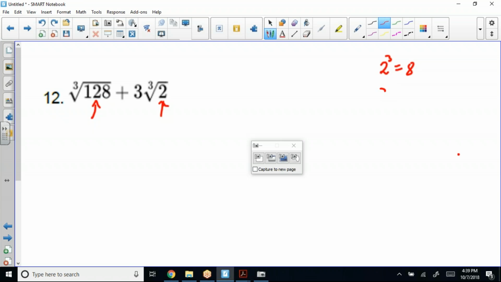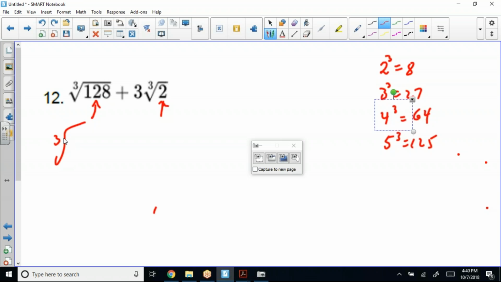2 cubed is 8, 3 cubed is 27, 4 cubed is 64, 5 cubed is 125. And then of course 1 cubed is 1, right? So let's take 128. Let's get our calculator. 128 divided by 8. Well, it goes into it 16 times, right?